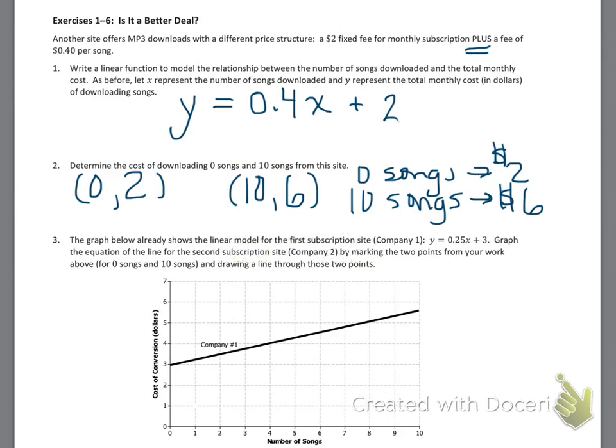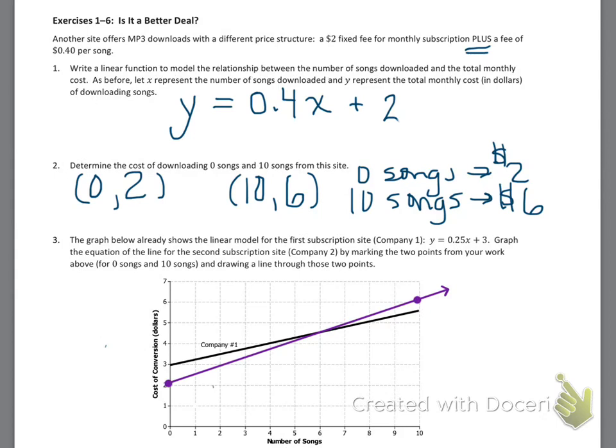So let's go ahead and do that. I don't think anybody will have too much trouble doing that. So for 0 songs, we've got $2, and for 10 songs, it's going to be $6 right there. And then we want to draw a line between those 2 points.